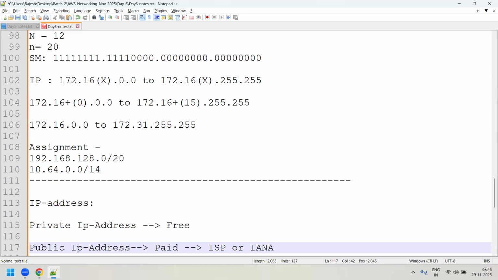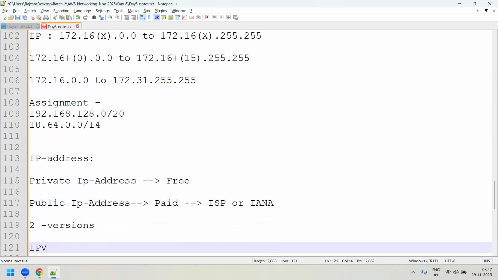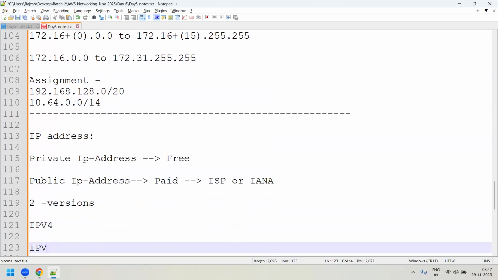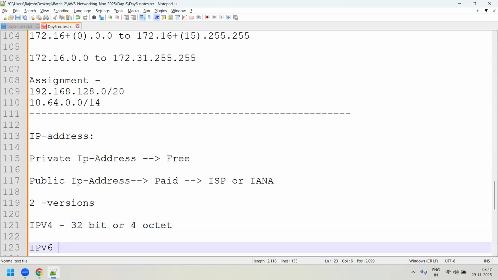Clear, right? Usually we use two versions of IP addresses: IPv4 and IPv6. IPv4 is a 32-bit address, or you can call it a 4 octet, because each octet is 8 bits, and 8 fours are 32. Similarly, IPv6 is a 128-bit IP address.